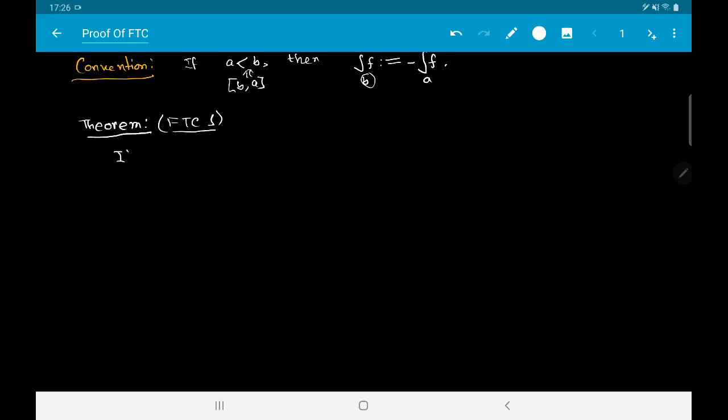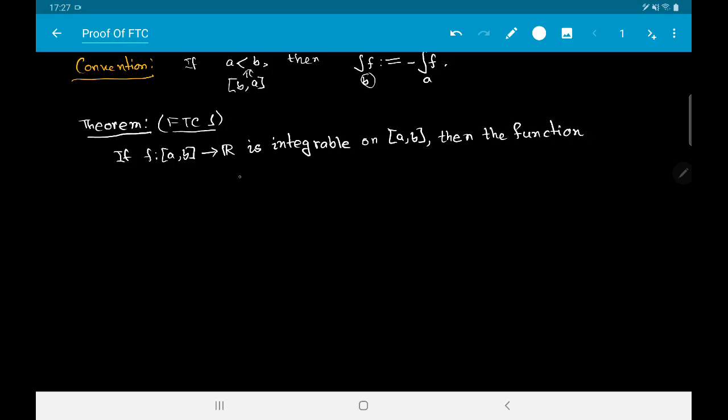It told us that if f is a real valued bounded function on the closed interval [a,b], and if this function is integrable on [a,b], then the function big F, which is defined over the closed interval [a,b] as well, takes the following value: F(x) is the integral from a to x of f(t) dt.